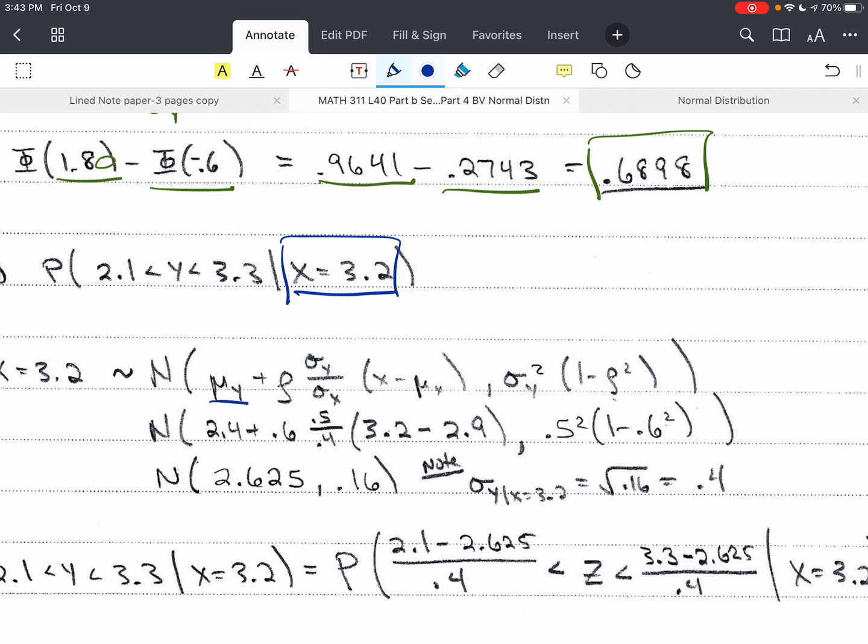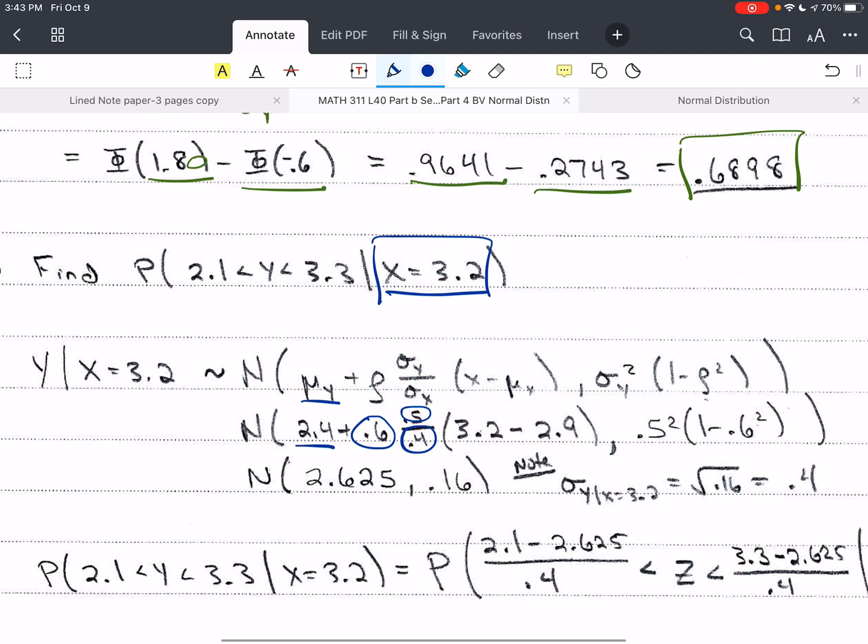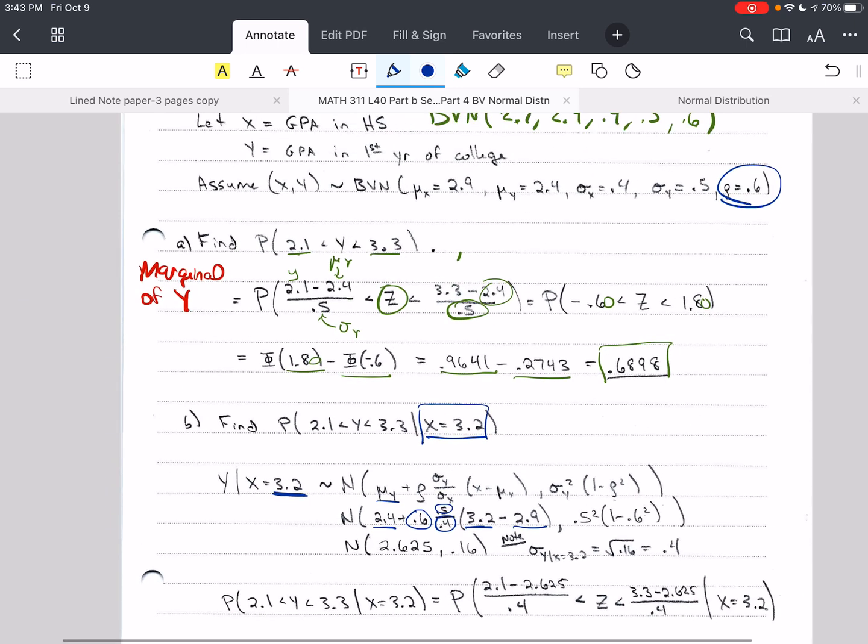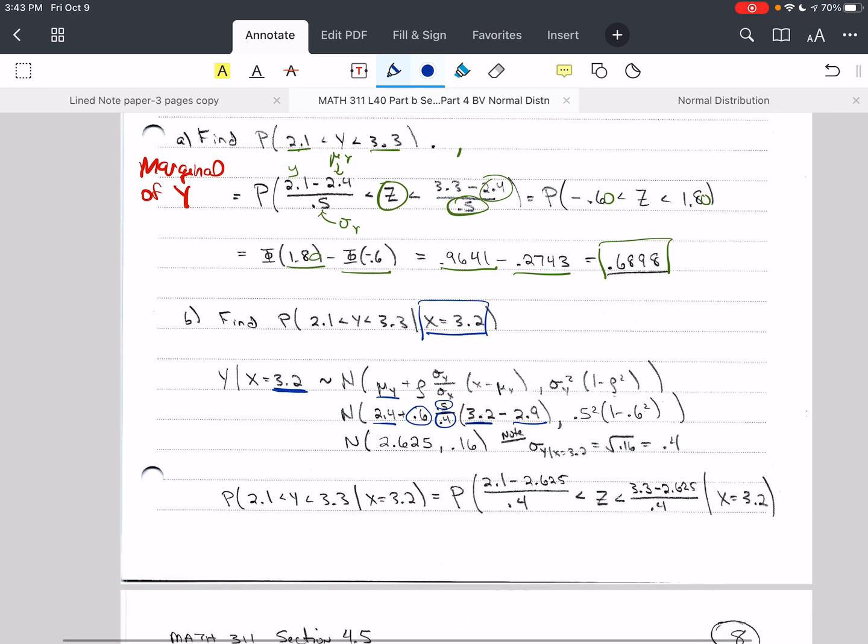So mu of y was 2.4. Rho is 0.6. Sigma y was 0.5. Sigma x is 0.4. X is 3.2. And then mu of x was 2.9. I got all of these from up here, right? And then I need the variance.